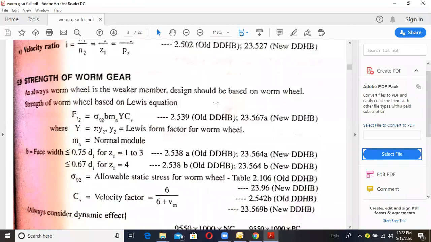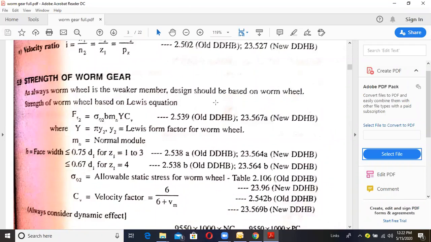Whichever you get as the weaker member, for that weaker member you are doing the complete design. Understood? And also in spur gears, if the material is the same for pinion and gear, we are not calculating the weaker member. Directly we are designing for the pinion as the weaker.